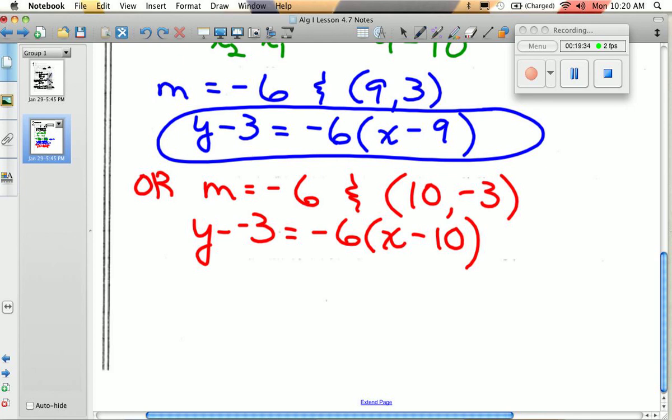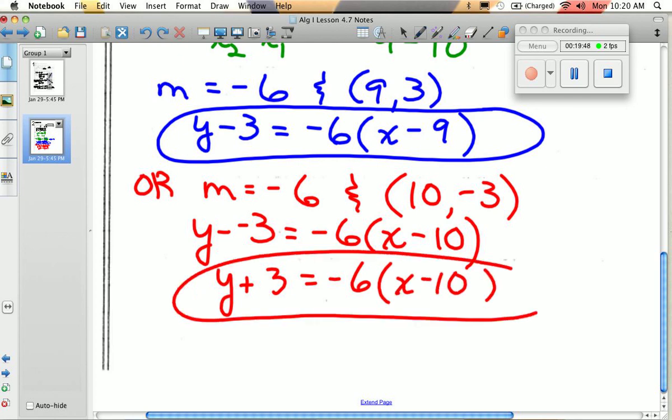Should we clean that one up? What should we clean it up to? Y plus 3. Do we need to clean up anything on the other side? No, so we'll just leave it as negative 6 times x minus 10. So there's another name. Same equation, but just another point slope form name.